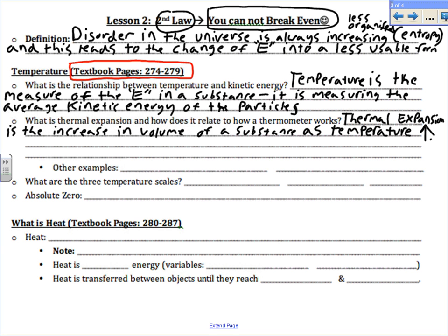Because the liquid in a thermometer expands at a constant rate, we can use it to measure temperature.